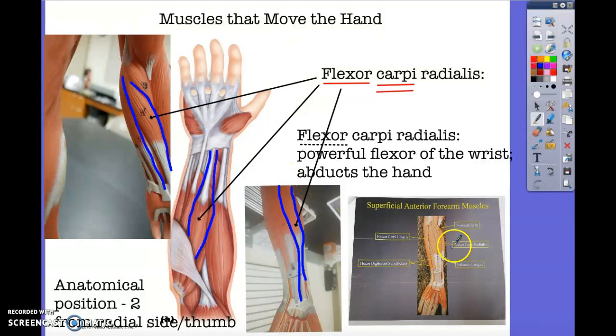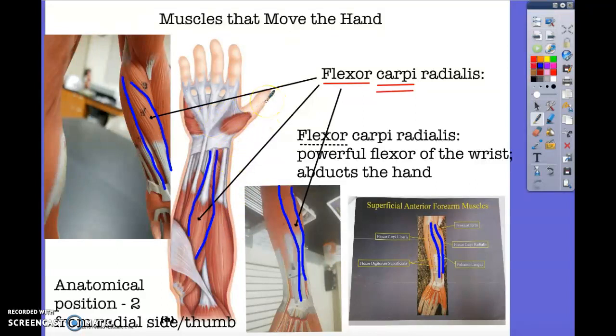And here it is right here. Okay, what does the name tell me? Flexor told me it was on this side, because I flexed my hand. Carpi tells me it's moving my hand at the carpals. And radialis is going to tell me it's on the radial side, or my thumb side.